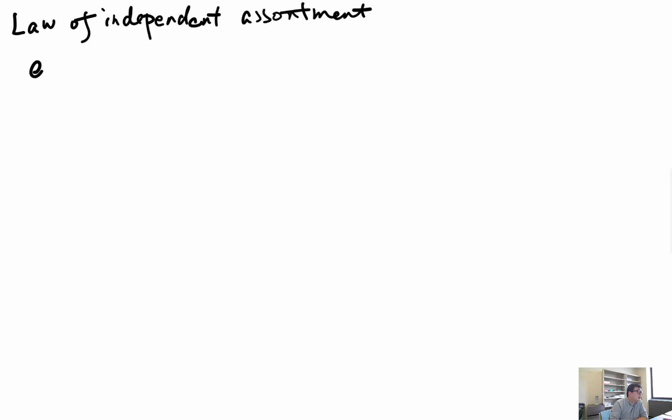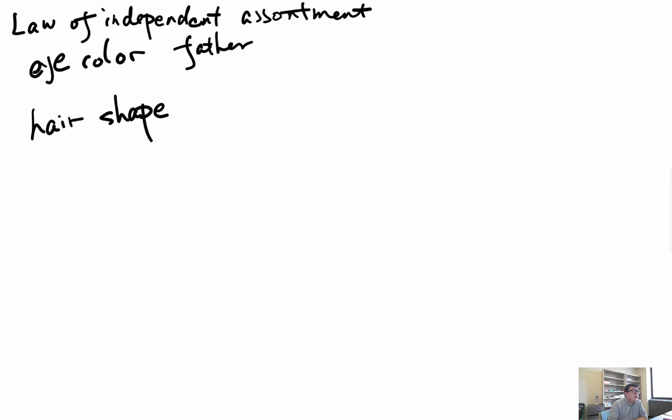Let's say eye color and hair shape. In the real world, none of those is determined by only one gene following Mendel's heredity, but let's just make an example.